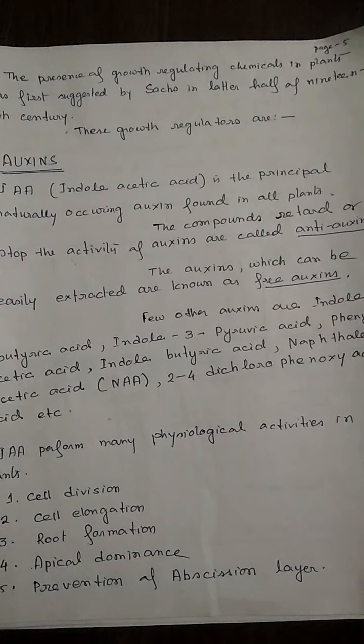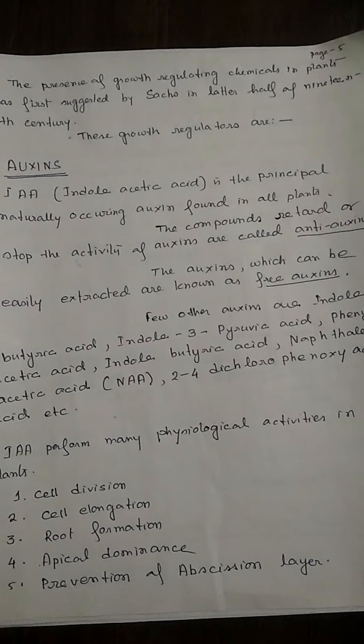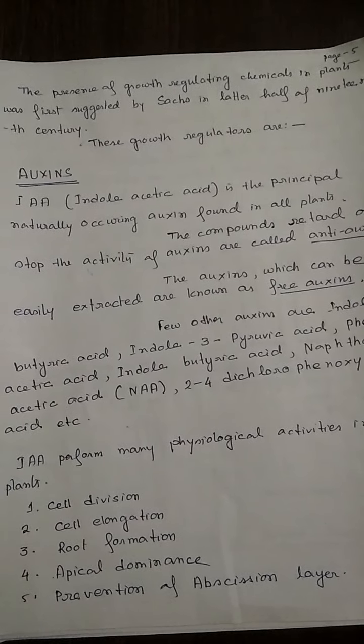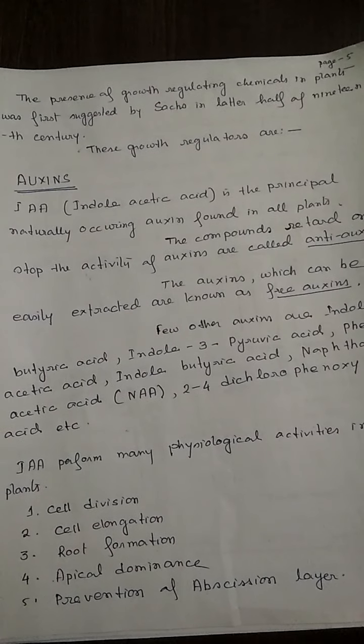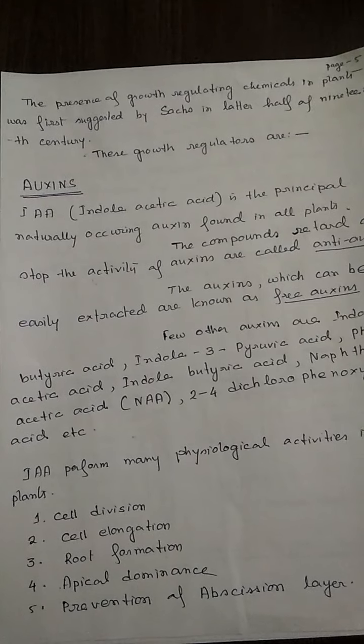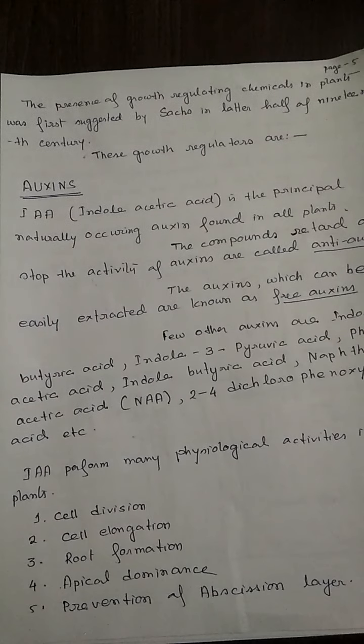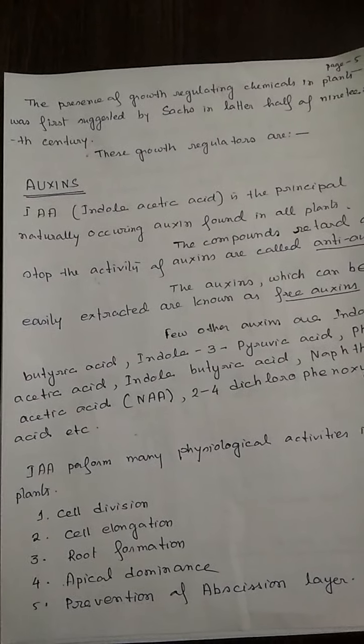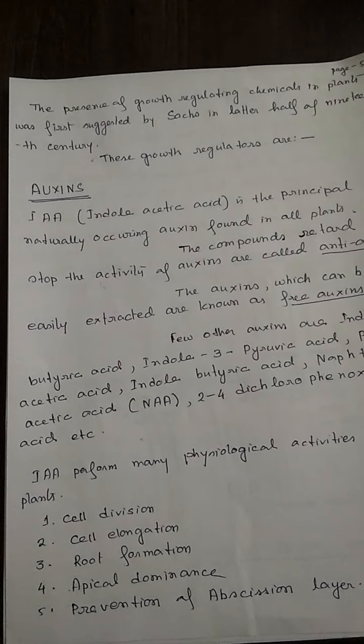Today I will discuss with you the growth regulators, or the phytohormones. Presence of growth regulating chemicals in plants was first suggested by Sachs in the later half of the 19th century.